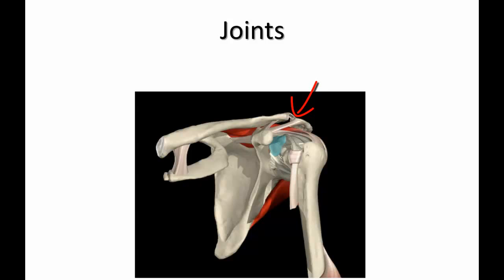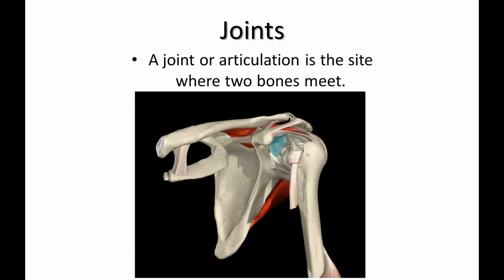A dislocated shoulder is going to take place right here at the glenohumeral joint. So the proximal epiphysis here of the humerus would actually be pulled out of the socket, and that would constitute a shoulder dislocation.